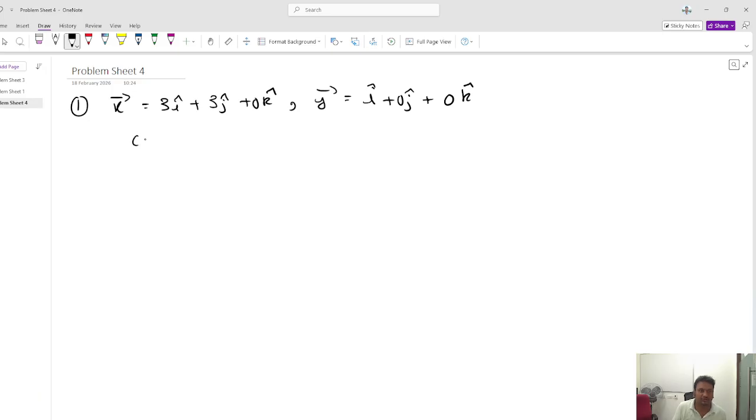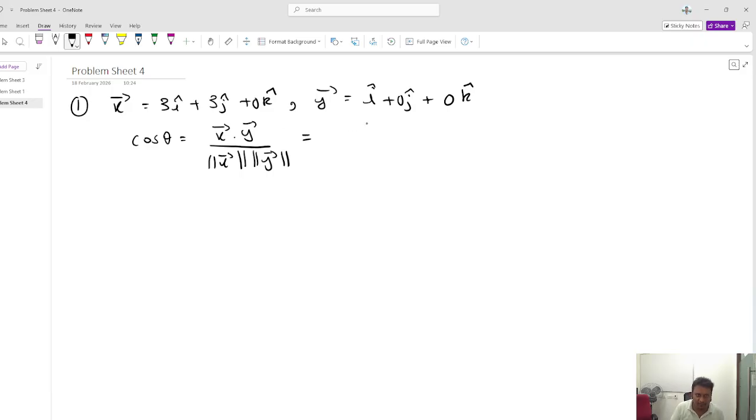I think you know this formula that cos theta is basically the dot product of these vectors. So what you will have is x vector dot y vector divided by the norm of these vectors. Basically you just have to evaluate these things.